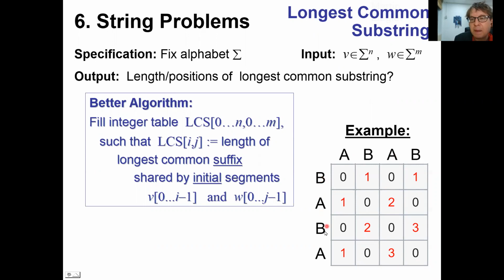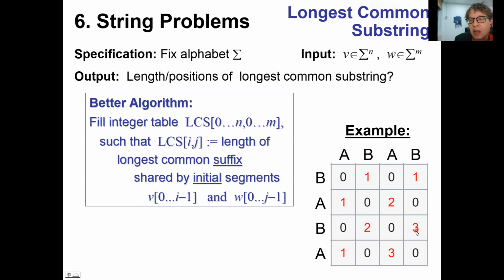That's a difference. And finally, this example 3: consider the initial segments ABAB, the entire string, and BAB, the initial segment excluding the last character. They share the suffix BAB, which is a suffix, not a general substring, of length 3.